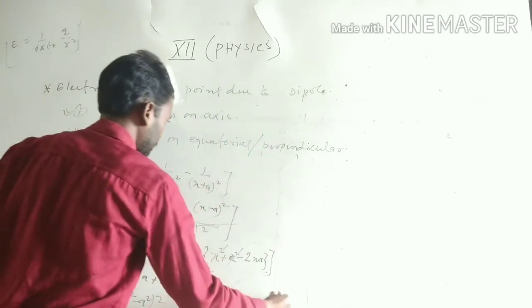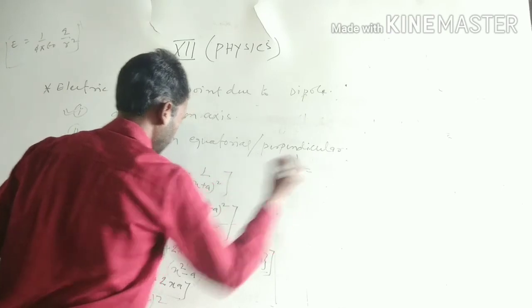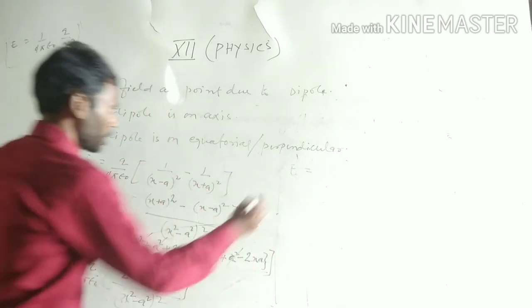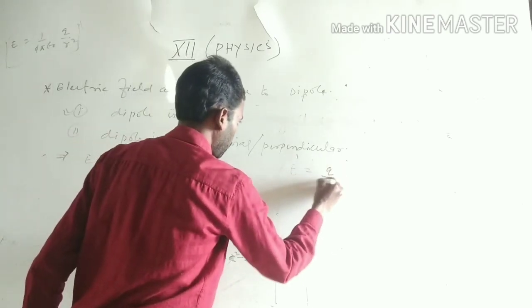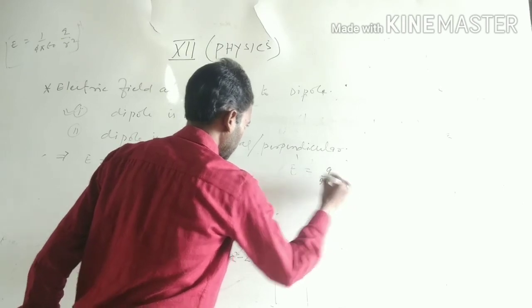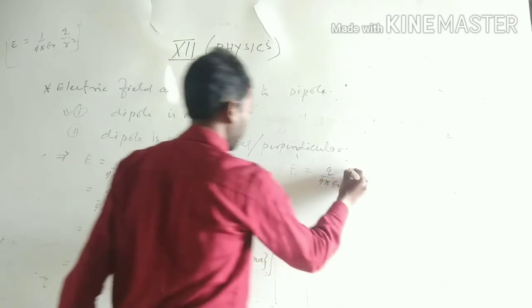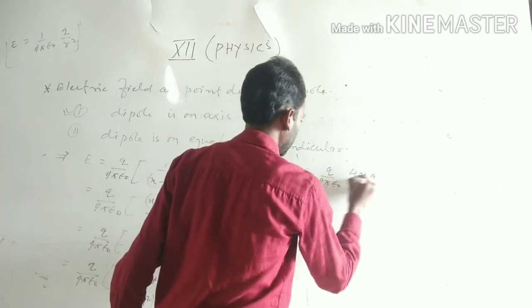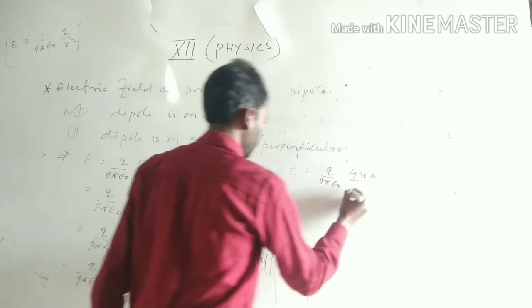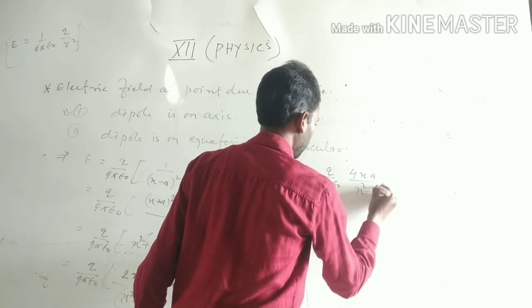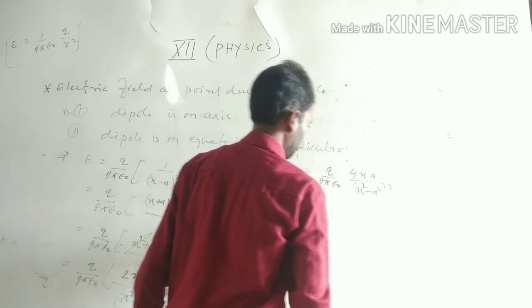Then our electric field is equal to Q by 4 pi epsilon naught as it is. 2 plus 2 is 4, xa divided by x square minus a square whole square.